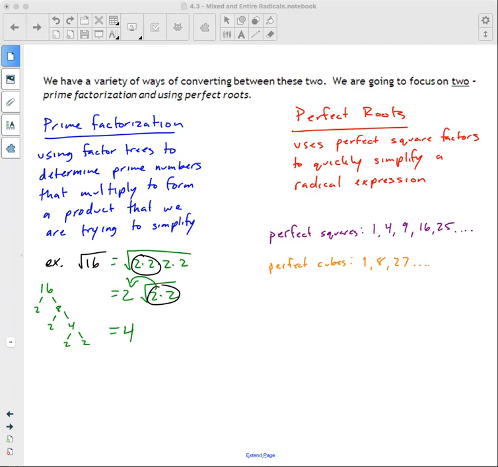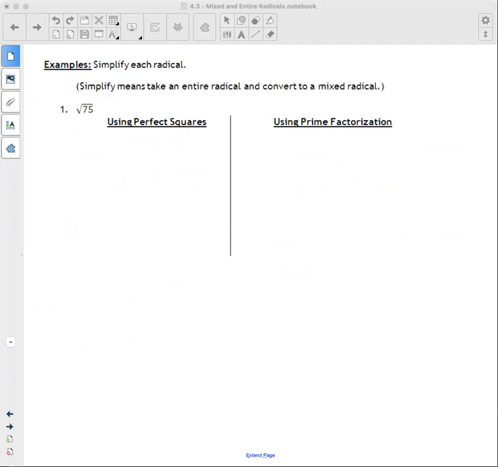Whatever method you prefer is totally up to you. My only ask is that you show all of your work when you're going through these, okay? I'm going to show you both strategies. It would be nice if you were to try a couple of these strategies, like use perfect squares and prime factorization strategies for each.